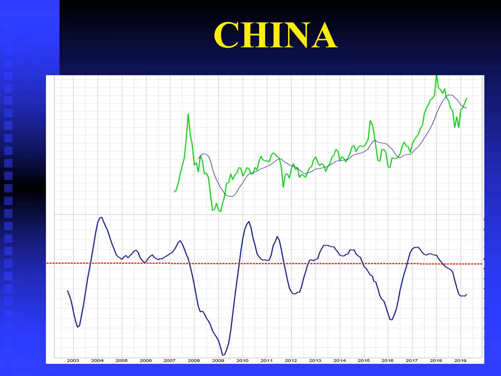The indicator showing the global business cycle applies also to the Chinese stock market. By the way, there is not enough data for their equity market, but you can see how the same pattern applies to their stock market. When the global economy slows down, the stock market pauses.